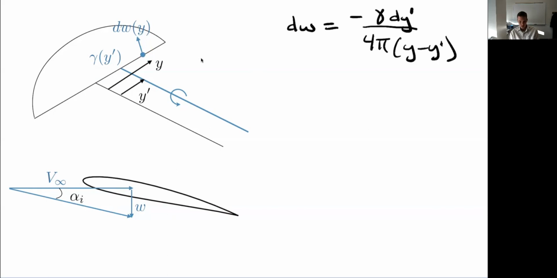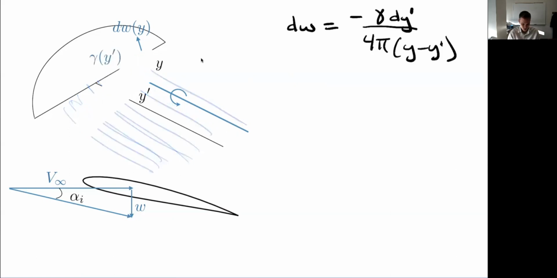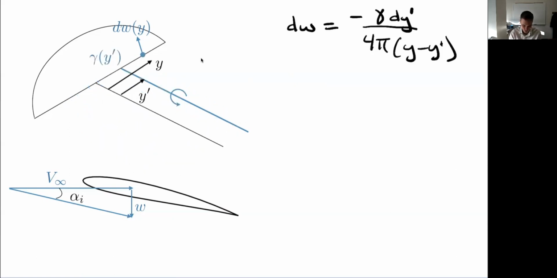Okay, that's the infinitesimal one, but I need to integrate over this entire vortex sheet, right? There's an infinite number of these vortices where gamma is again varying as a function of y. So I need to integrate across the entire wing.